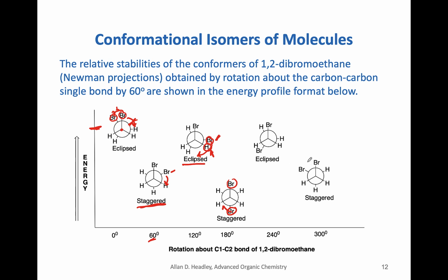Here's the gauche conformer, and we can go back to here, which is back to this conformer. So again, what you should get from this is the relative energies of different conformers. And remember, conformers here result from the rotation about a carbon-carbon single bond.